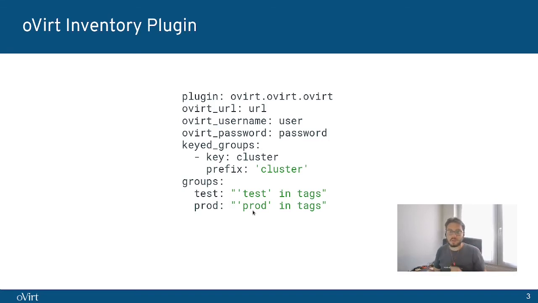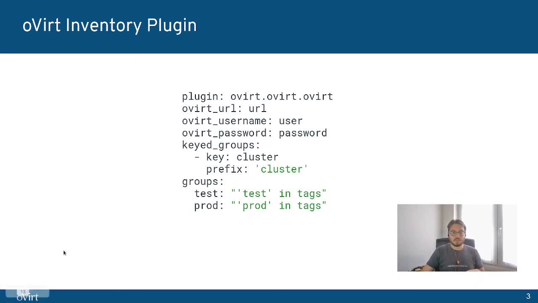So we get the tags of our virtual machines, and we create groups from them. We put this configuration inside a file and we can use it with Ansible.